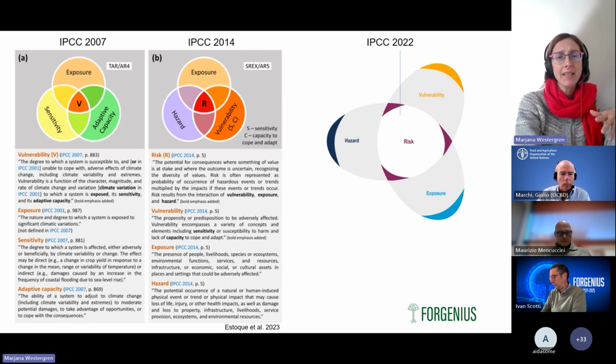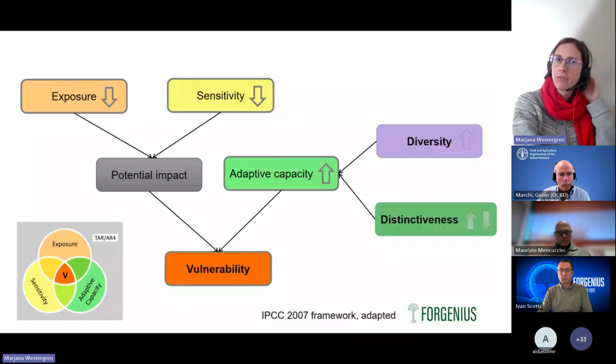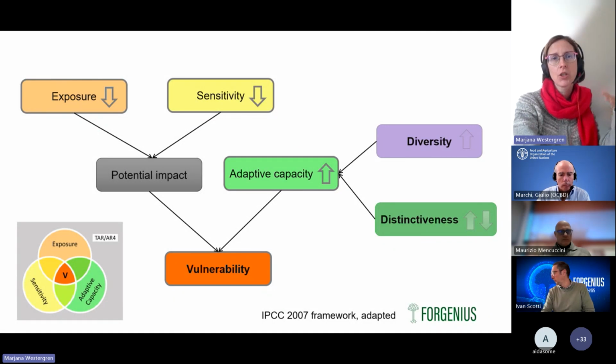And then at the end, discussing within the project, we decided to go for the IPCC 2007 framework, where vulnerability is at the cross between exposure, sensitivity, and adaptive capacity.